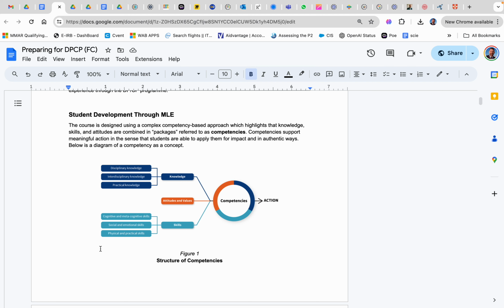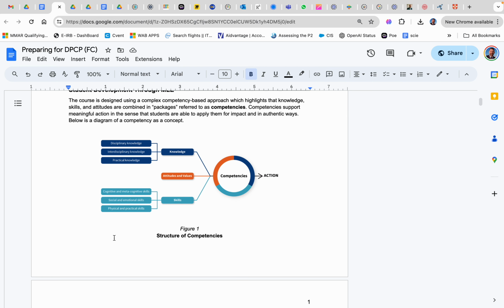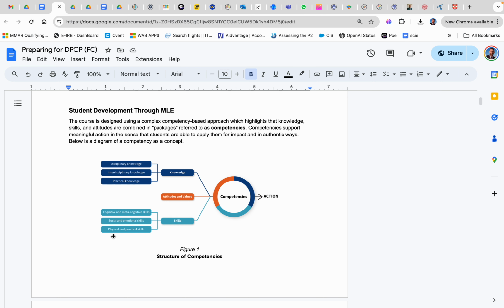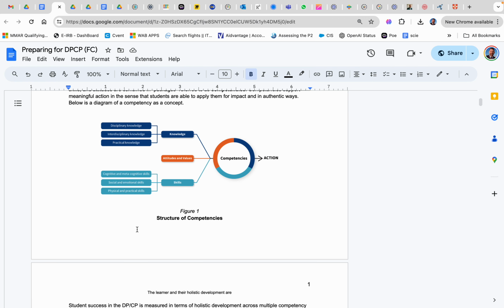Competencies are basically packages of these different components, and they're tied to action and transfer, right? So this iteration views this course through a competency-based lens or framework.